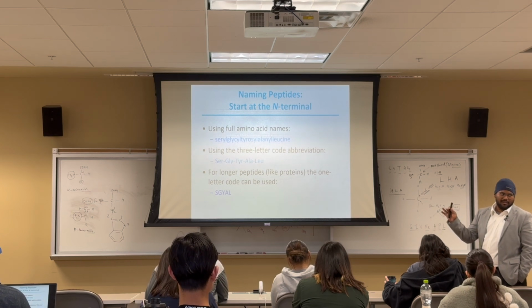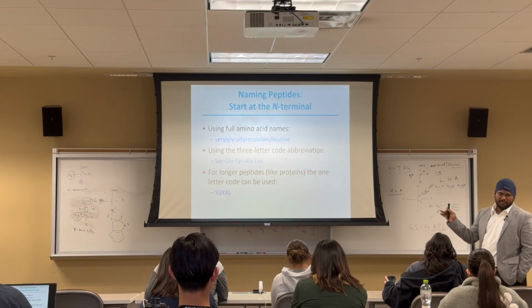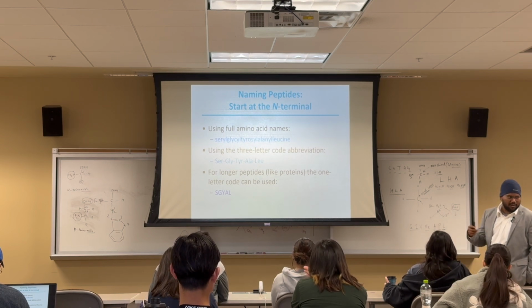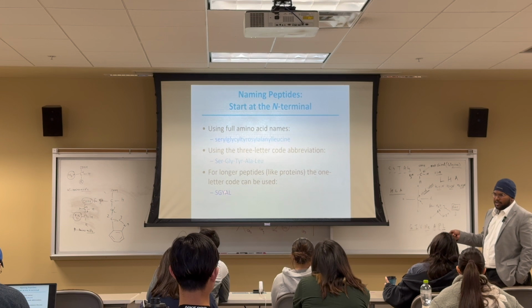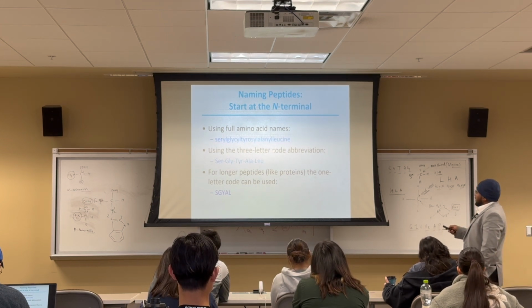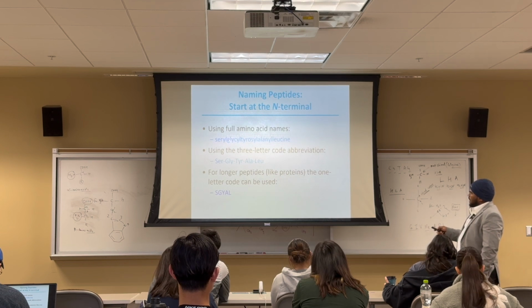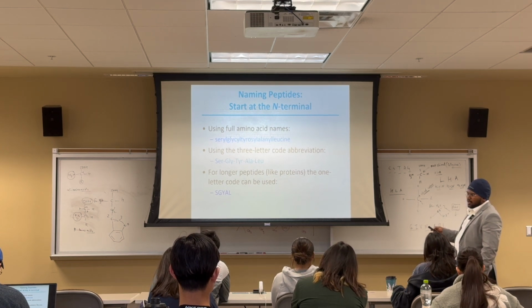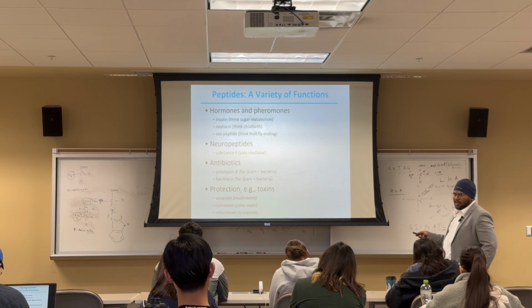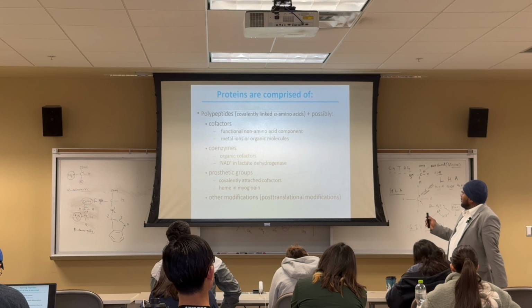They are named differently, so you have to remember those names. Next time we meet, I'll ask you how to use the 1-letter code or 3-letter code. This is the full name of amino acids, serine, glycine, and then you have to figure out which is which. Okay, so let's end here.